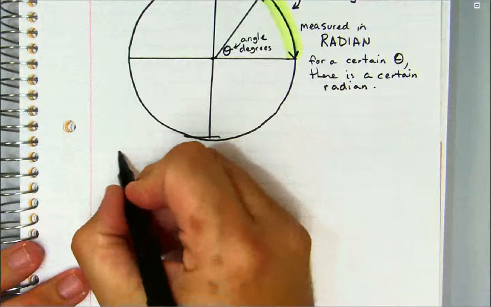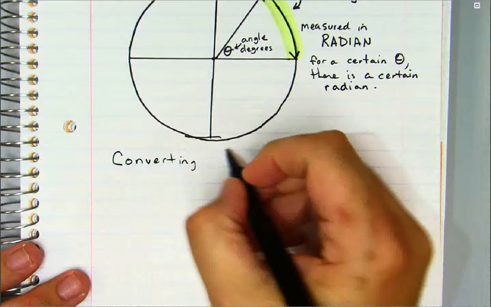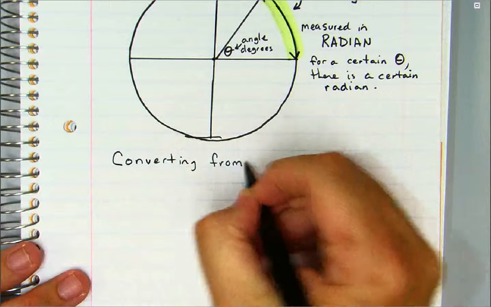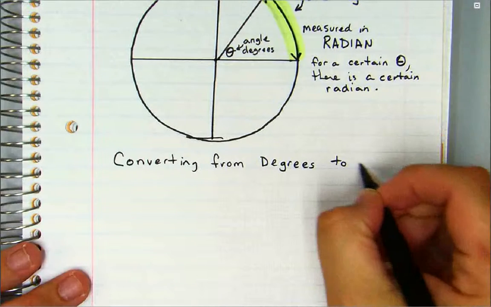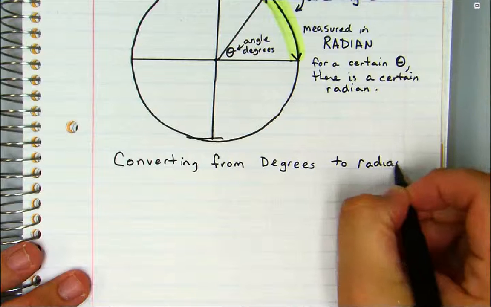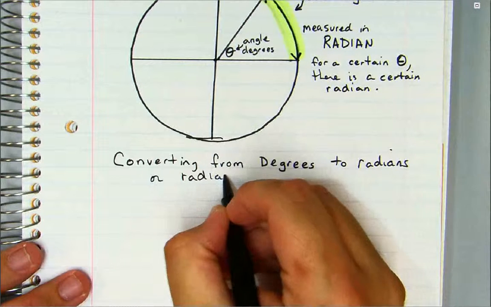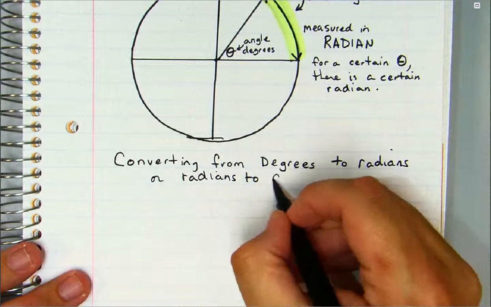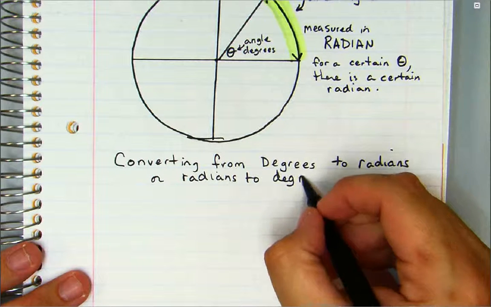And so we say, how do we convert from degrees to radians or radians to degrees?